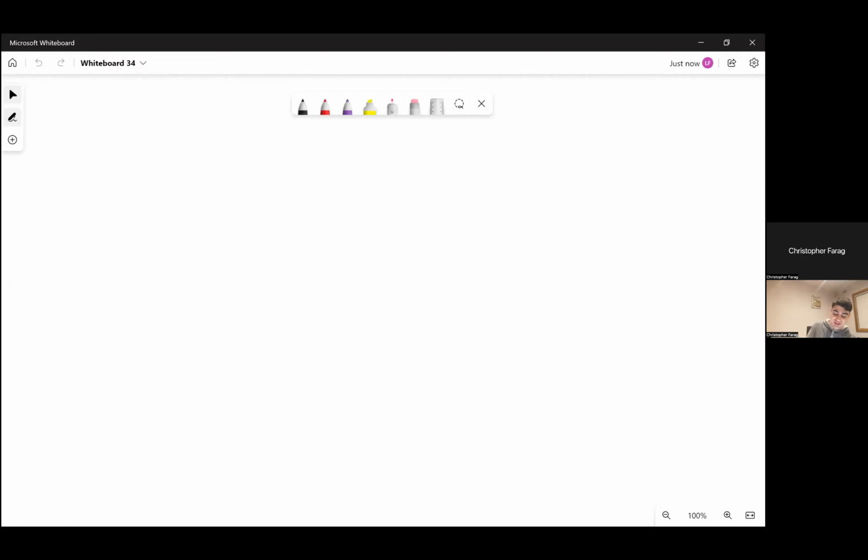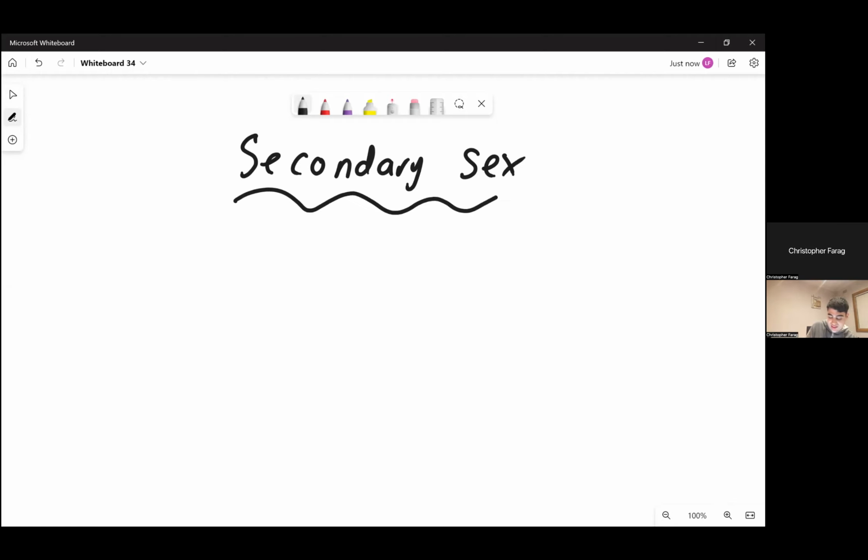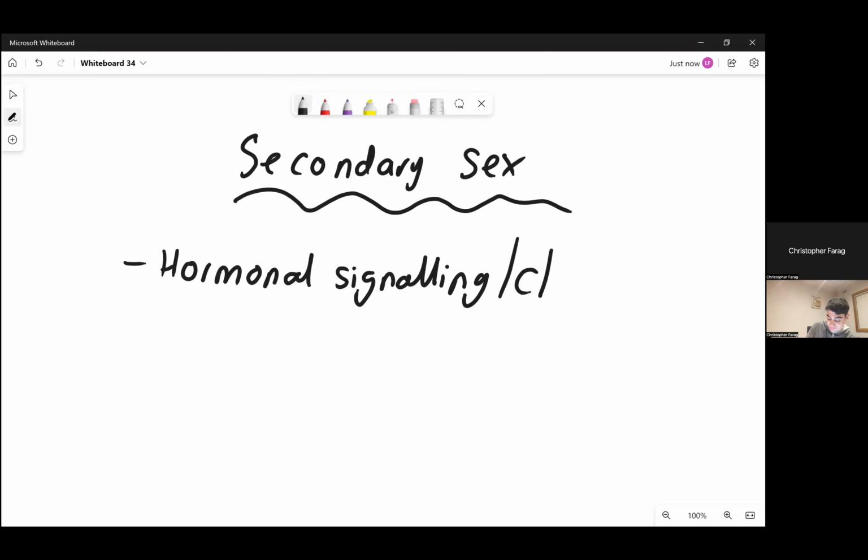And thankfully, the last one, secondary sex, is more simple. This is the hormonal changes that occur at puberty. So it's simply to do with hormonal signaling or changes. Okay. So if we have testosterone at puberty, right, the typical features of a male at puberty will occur, right?